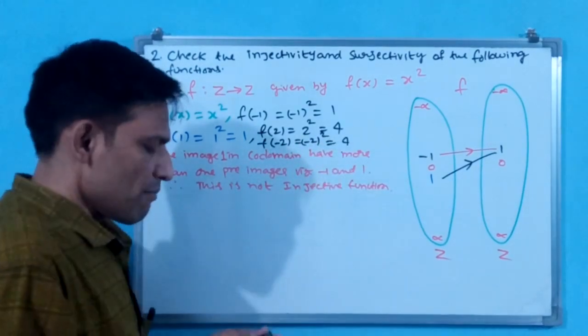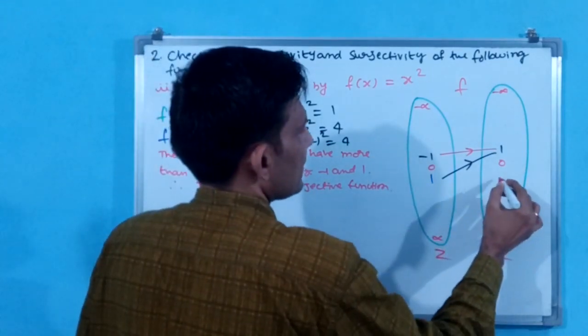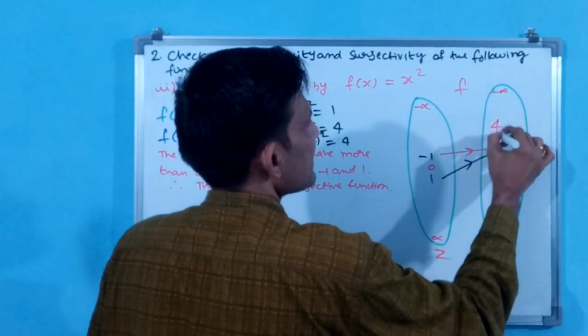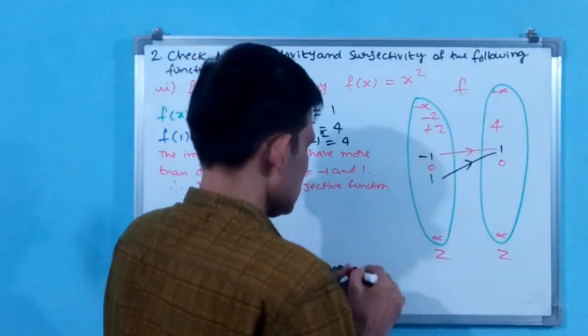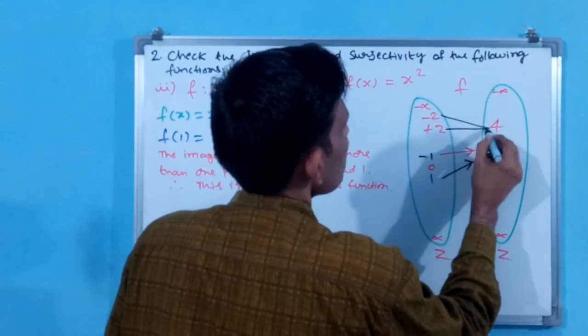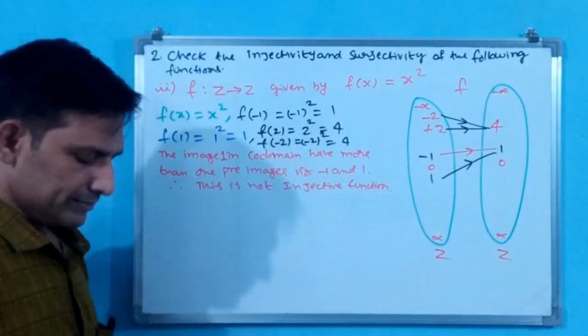That means minus 2 and 2 I am going to write. Okay. Here 4 I take. Here minus 2 and plus 2. Relation from minus 2 to 4, plus 2 to 4. Okay. Now we stop here.